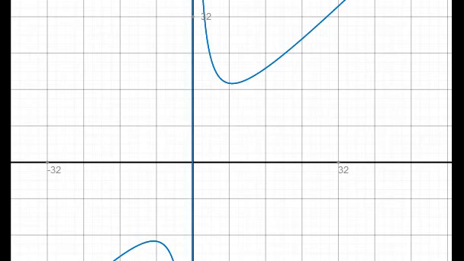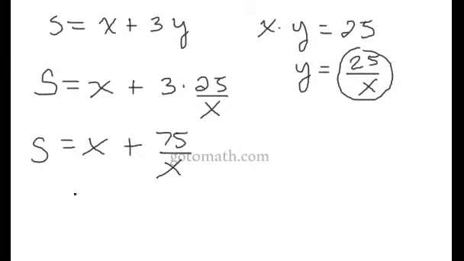But let's go ahead now and do the calculus. Alright, so the first thing I'm going to want to do here is rewrite this, and so we're going to have x plus 75 times x to the negative 1. We want to take the derivative and then solve for x, of course, in this problem. So I'm going to go ahead and take the derivative. Derivative of x is 1.